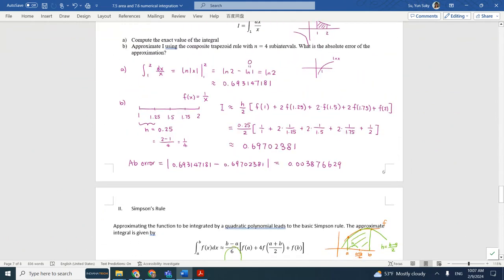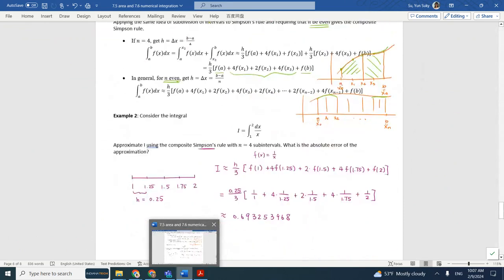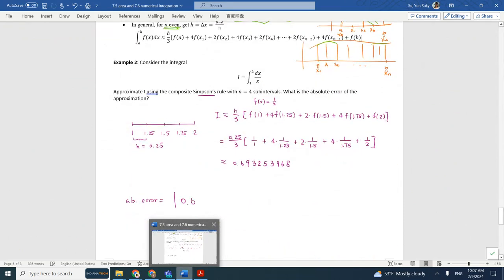The true value is right here, 0.69314781. So 0.69, then what? Minus this approximation, 693253968. And that equals, do you still have it?